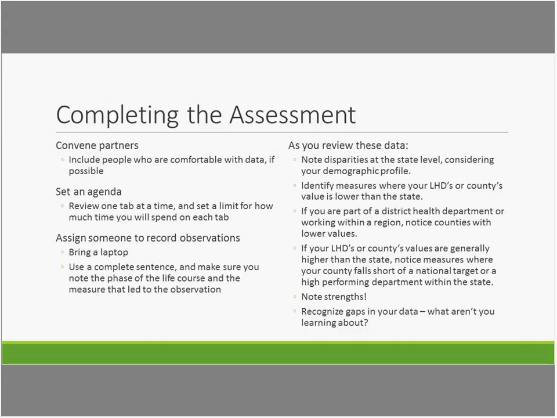One of the ways that we've done this, considering the volume that you'll be looking at and considering different levels of comfort in reviewing data, is that we've pretty frequently brought together just the data folks or epidemiologists to take a first pass through everything and pull out those areas that are particularly striking or might be of particular concern.